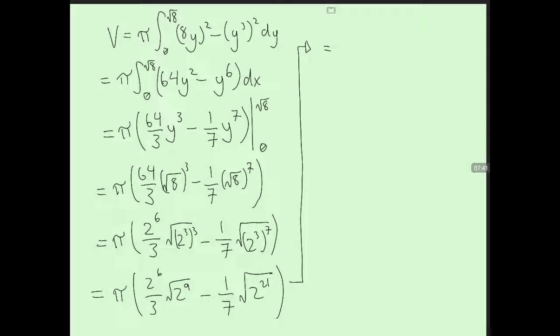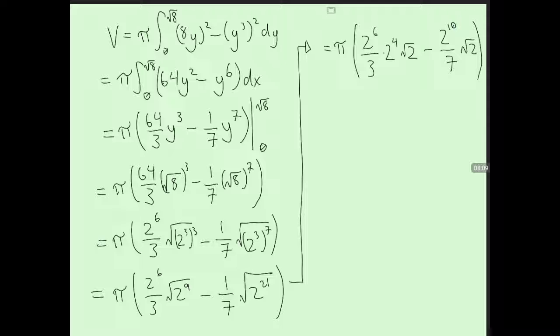Continuing on, we can factor out a 2 to the power of 4 from this square root. So we have 2 to the power of 4, and all we're left with is root 2 on this side. And here is the same thing, but we can factor out 2 to the power of 10, and all we're left with is a square root.